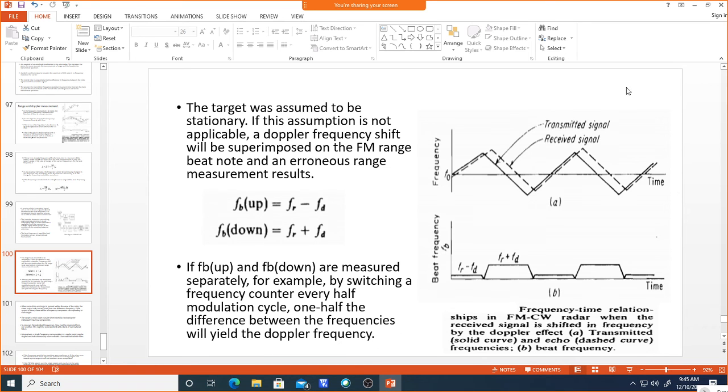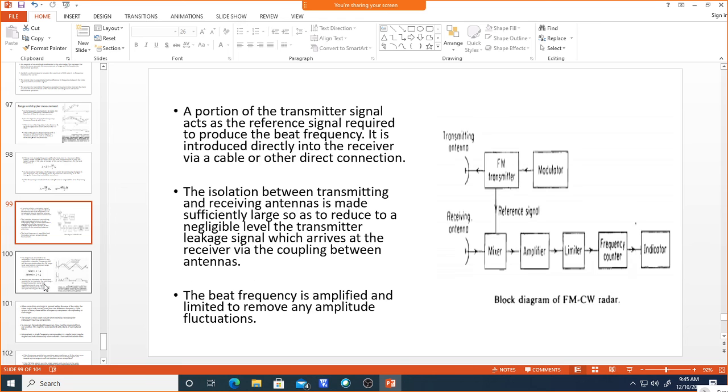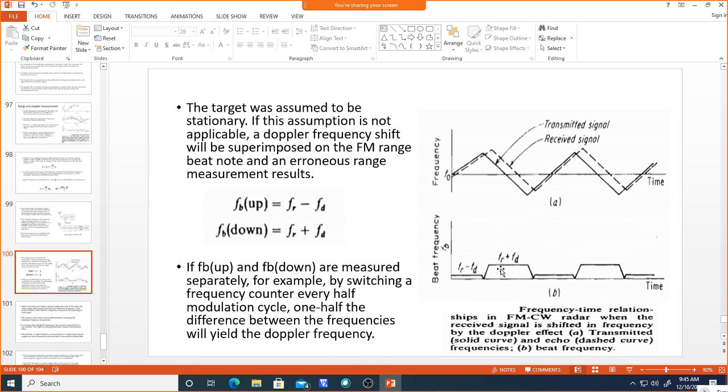This is happening continuously. Whether the target is moving or receding, the frequency counter will count that, and based on it, the counter will detect the Doppler frequency.